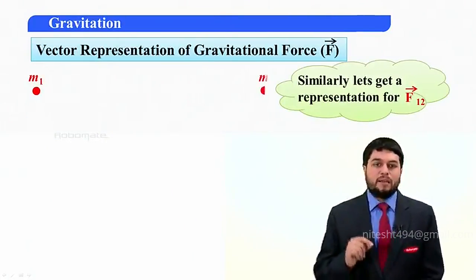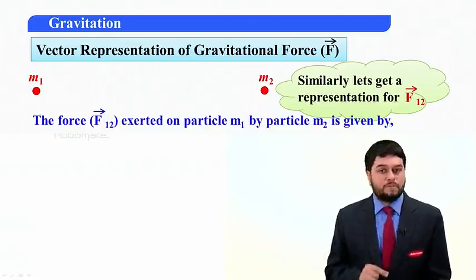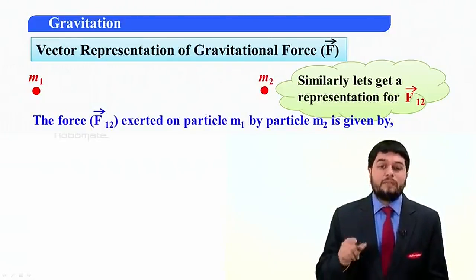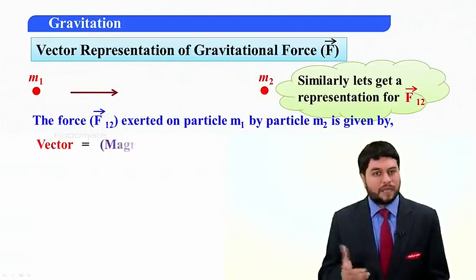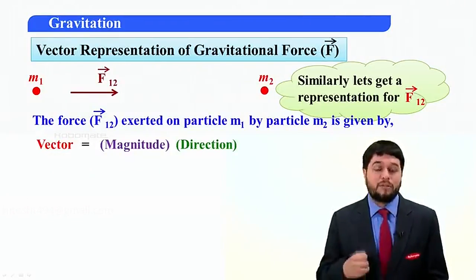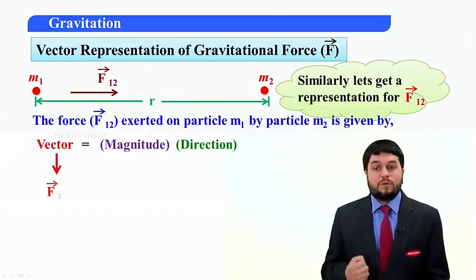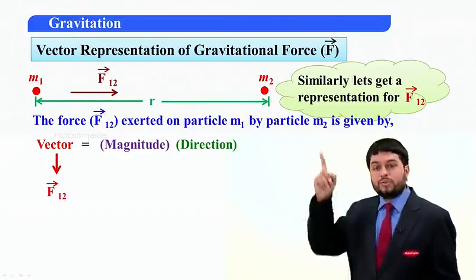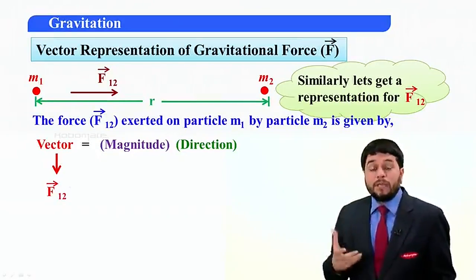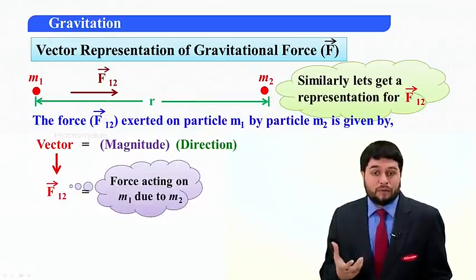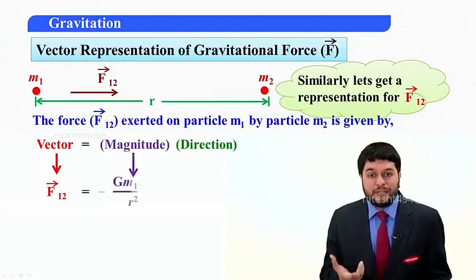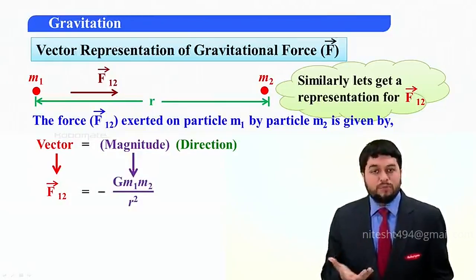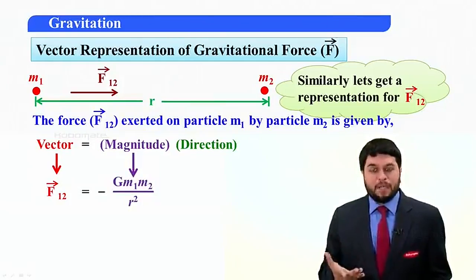Similarly, we can represent F bar 12 also. Now what will be F bar 12? It will be the force exerted on m1 by m2, and as it's a vector, it will have a magnitude and direction. So F bar 12, which is shown in the diagram, will be equal to the magnitude. Now magnitude part, you remember Newton's law, the magnitude will be what? G m1 m2 upon r square into direction.